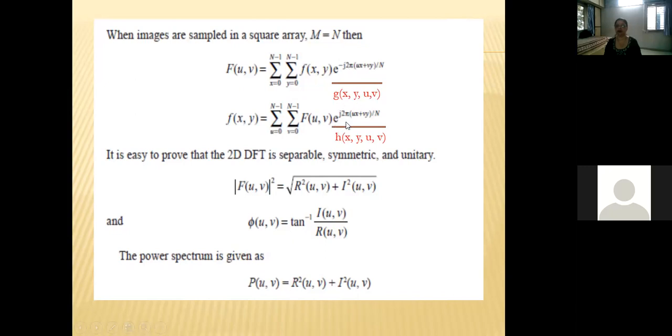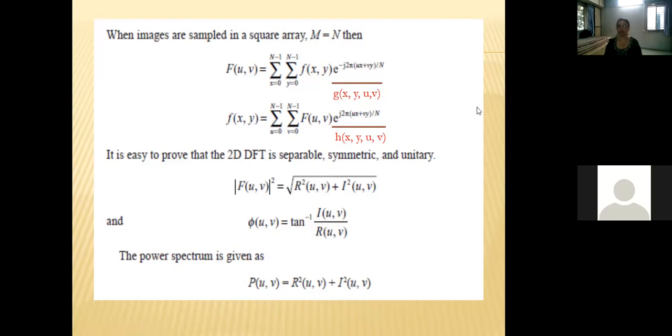There is only one difference. This sign is changed. It is e raised to j 2 pi. Okay. And when we apply this inverse transformation kernel h(x,y,u,v) on the transform image capital F(u,v), we can reconstruct the original image f of xy.